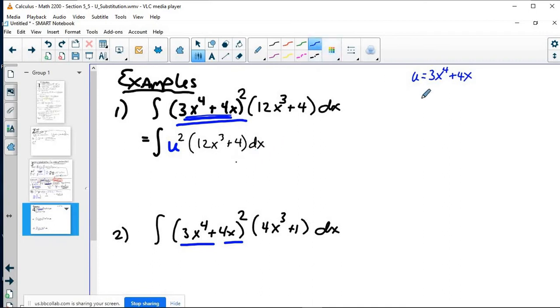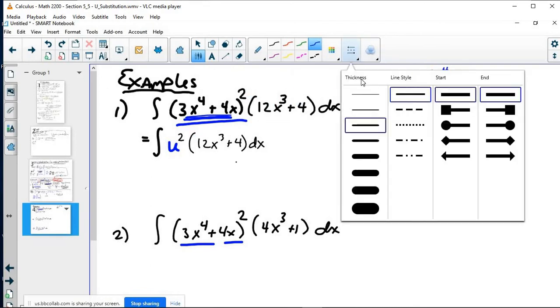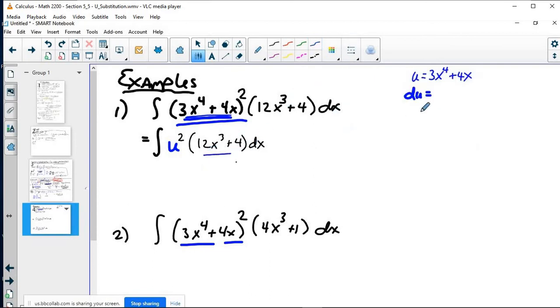Okay? Now I take the du. So notice how we're doing this. We pick a u over here, then we come back and plug it in. Then we go over here and check the du. And then we're going to see if we can plug it in. Okay, well, it just turns out, take this derivative, you get 12x cubed plus 4 dx. This is exactly what I have here.